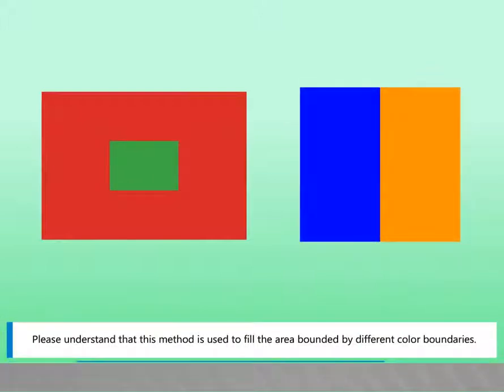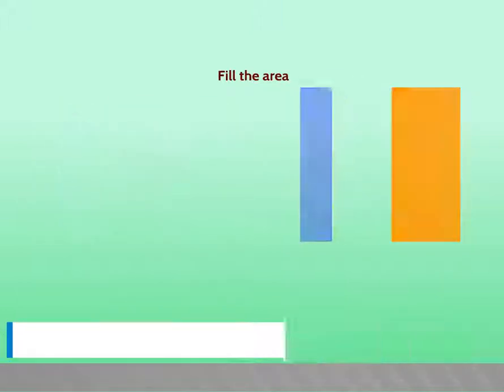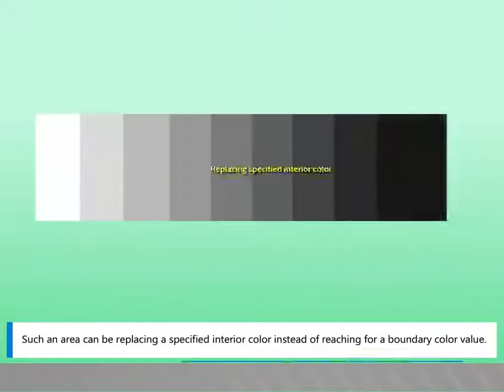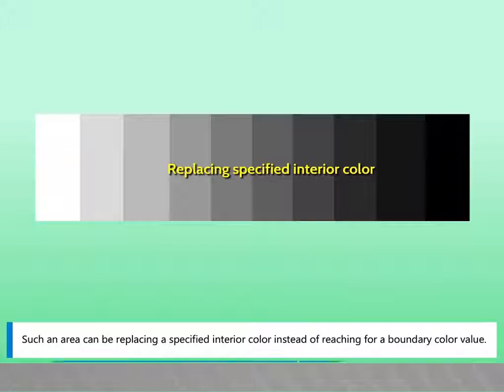Please understand that this method is used to fill the area bounded by different color boundaries. Such an area can be filled by replacing a specified interior color instead of reaching for a boundary color value.